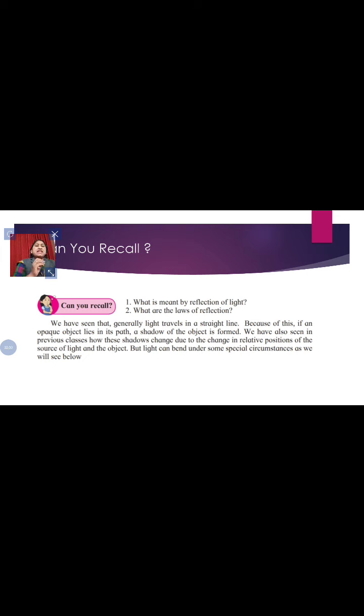We have seen that generally light travels in a straight line. Because of this, if an opaque object lies in its path, a shadow of the object is formed.